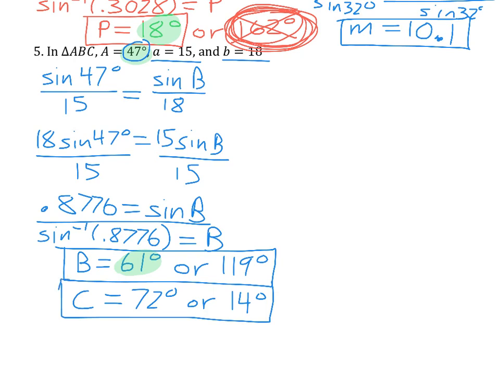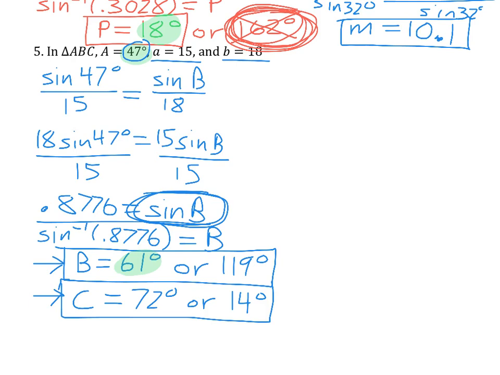Alright, so an important thing to notice. For angle B, the two answers are supplements of each other. But for angle C, the two answers are not supplements of each other. So you only use supplementary angles for the one you did trig on, the one you used sine for.